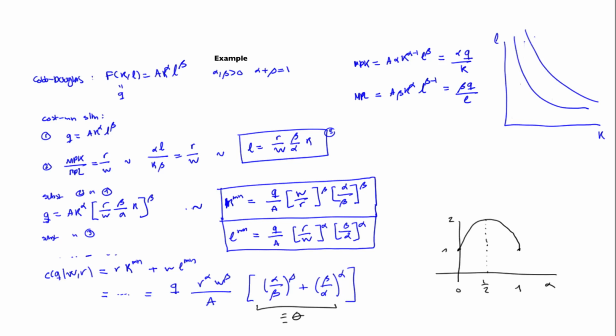I want to do a few remarks to emphasize for you how much economic intuition there is in the solution to this problem. So the first thing I want you to notice is that the cost function is linear in Q. Remember also that the Cobb-Douglas production function, when alpha plus beta is equal to 1, is constant returns to scale.